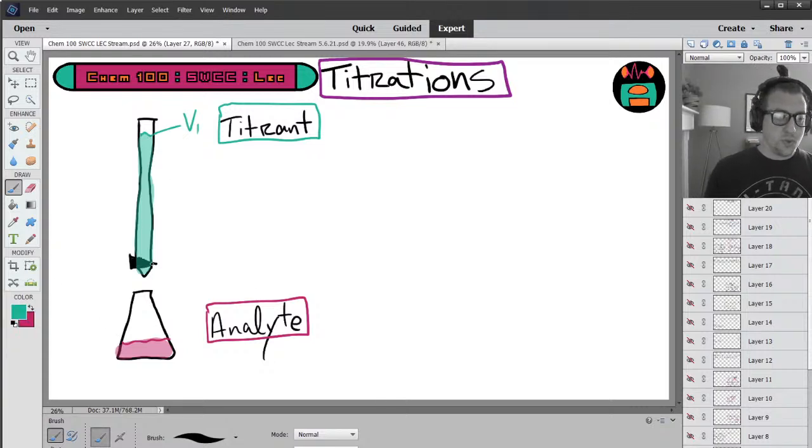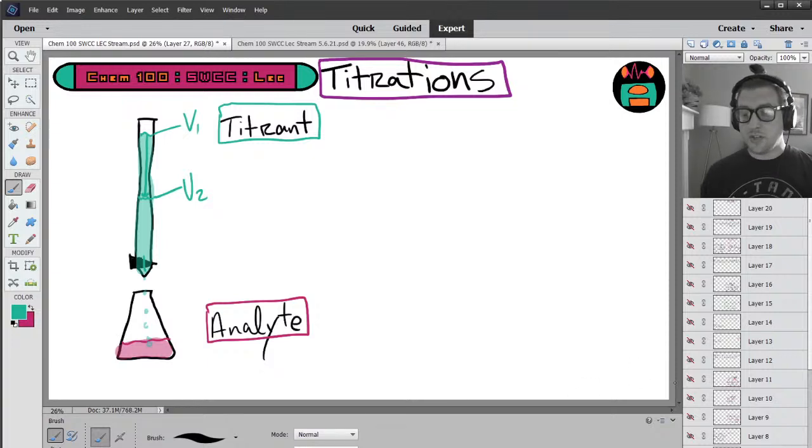What you do is you drain your titrant, you open the stopcock, and add it to the analyte until the two are done reacting. Once they finish reacting, you close the stopcock. Usually the end of the reaction will be accompanied by a color change.